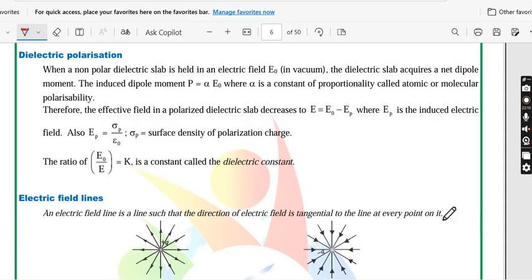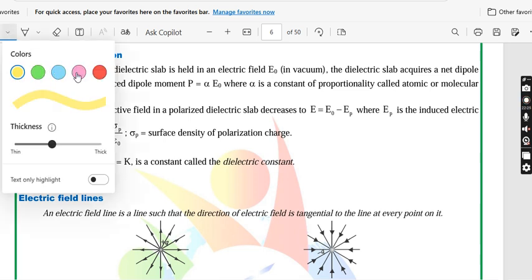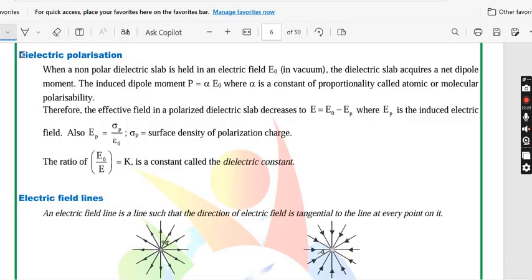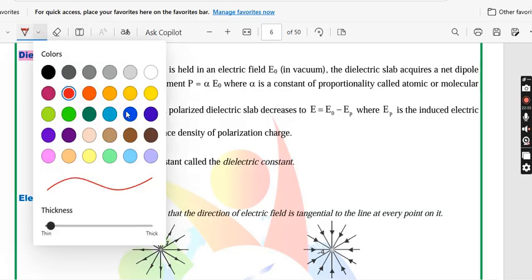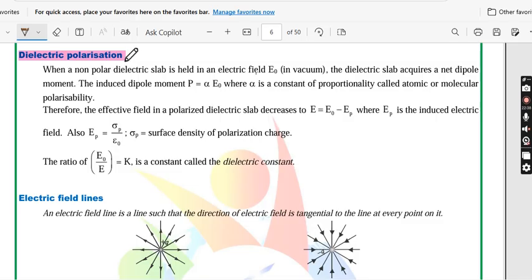The next important concept is electric polarization, that is dielectric polarization. We have two phenomena: one is dielectric and the other is polarization.